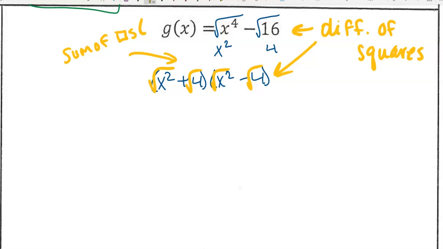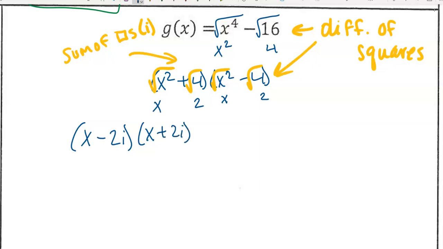And when we use sum of squares, that's where the i comes into play. Otherwise, the formulas are exactly the same, but sum of squares uses i. So the square root of x squared is x, and the square root of 4 is 2. So let's write our factors: x minus 2i, x plus 2i, and for the difference, we just use the same thing, no i.